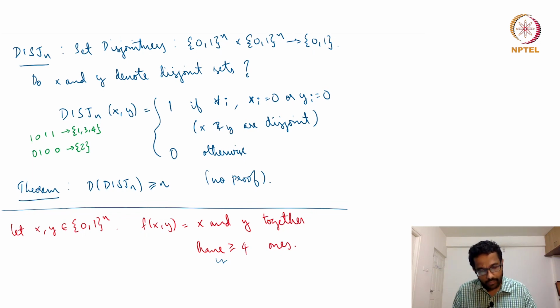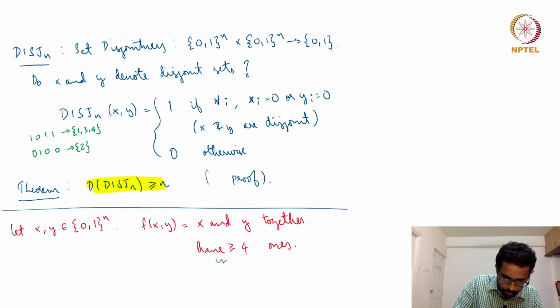So we'll see disjointness in some detail. That's why I decided to state it in a very formal manner. And just like equality, the deterministic complexity of disjointness is also at least n. Okay, so we'll see the proof a bit later.